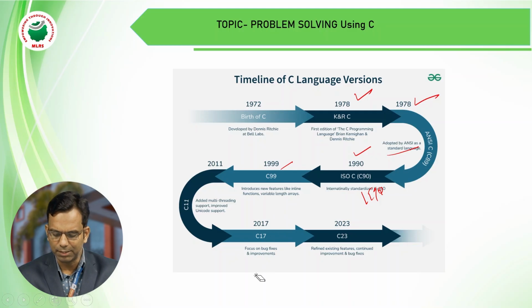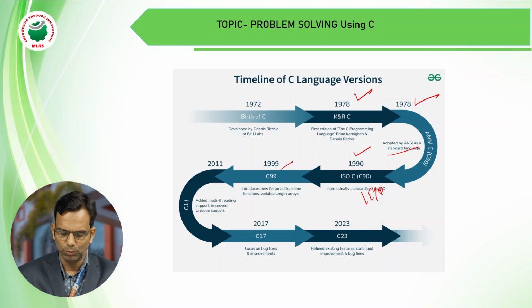And recently, in the year 2023, the existing features were refined, with continued improvements and bugs fixed. These are all the different timeline versions of the C programming language. But as I told you earlier, C was invented in the year 1972. That was the basic invention, the birth of the C language.